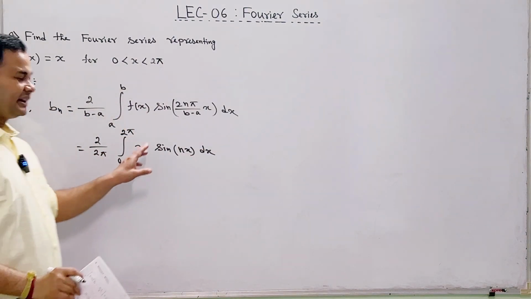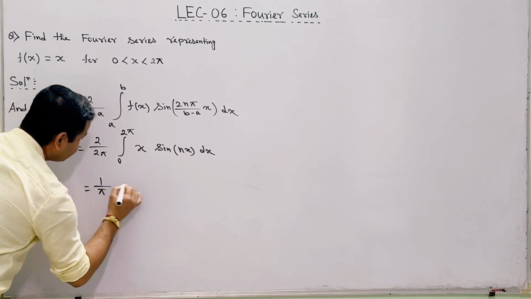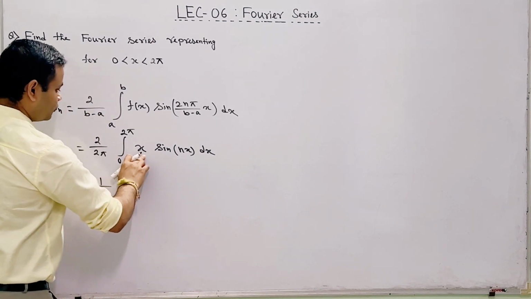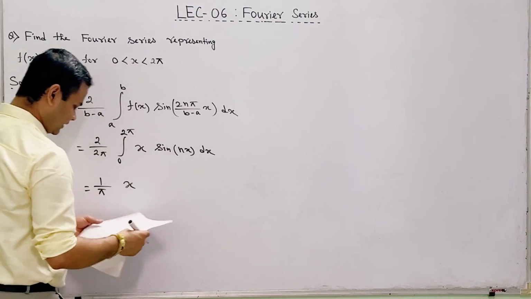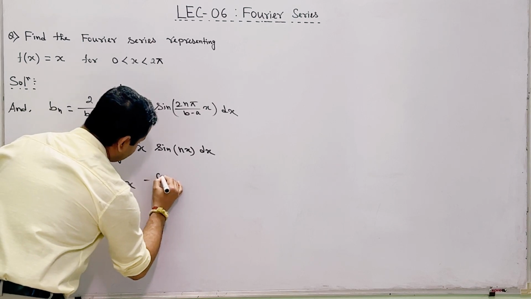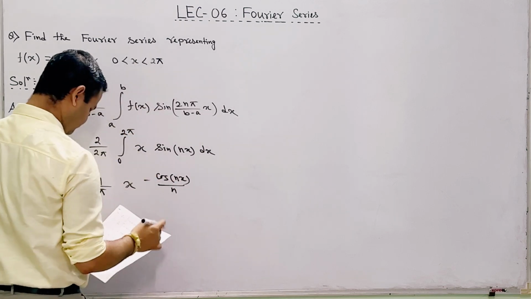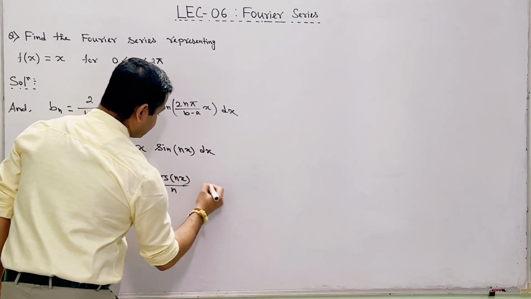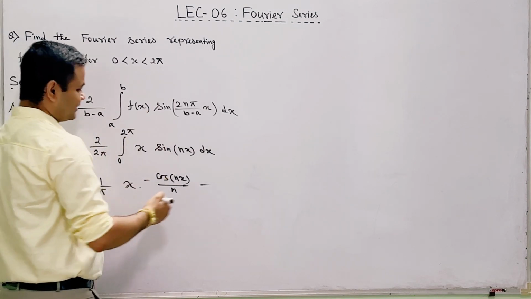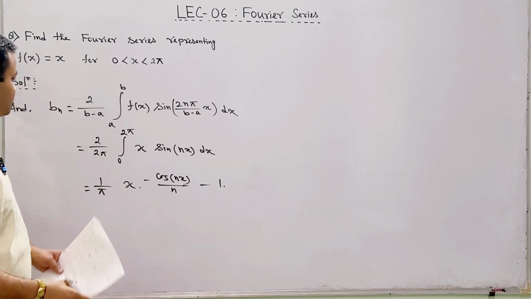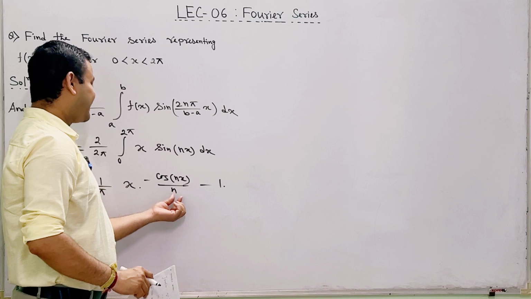Again, let us apply integration uv dx formula. So, we will get 1 by pi, u into v1, x into integration of this part. So, we will get minus cos nx by n. Next, minus u1, dx by dx. So, ultimately 1 into v2, that means integration of minus cos nx by n into dx.